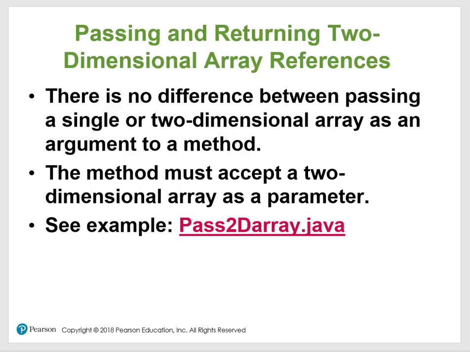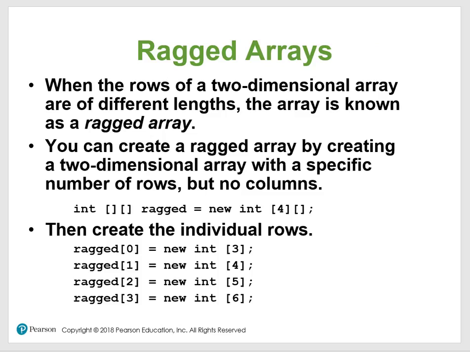I want to point out that this is a really good depiction of what's called a ragged array, when the rows of a two-dimensional array are different in length. This is known as a ragged array. Ragged arrays are basically when you have rows with different lengths.